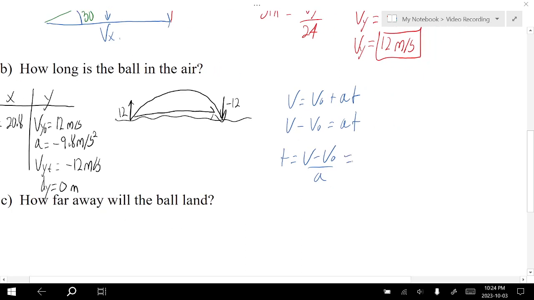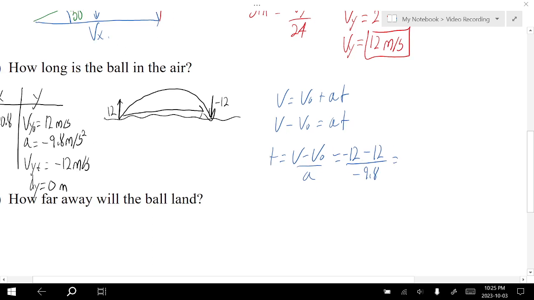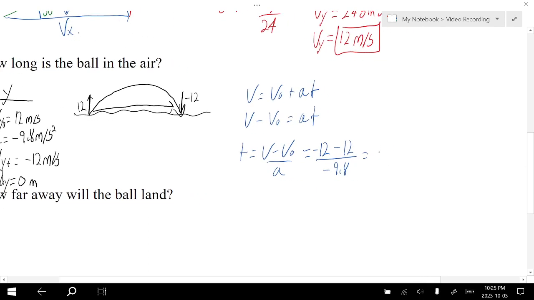The final velocity is negative 12, minus the initial velocity, which is 12, divided by the acceleration, which is negative 9.8. The negatives will cancel, and I get a time of 2.45 seconds.